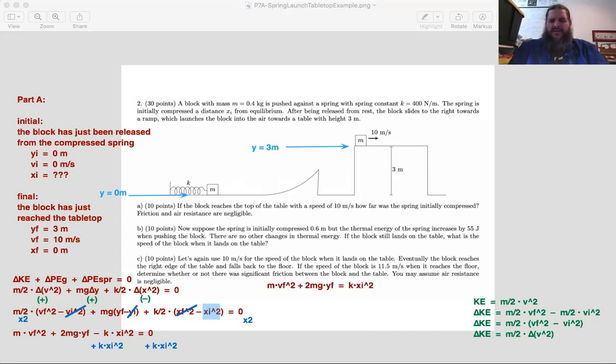And then what else do we still need to do to solve for x initial? What would be our last couple of steps to isolate x initial here?